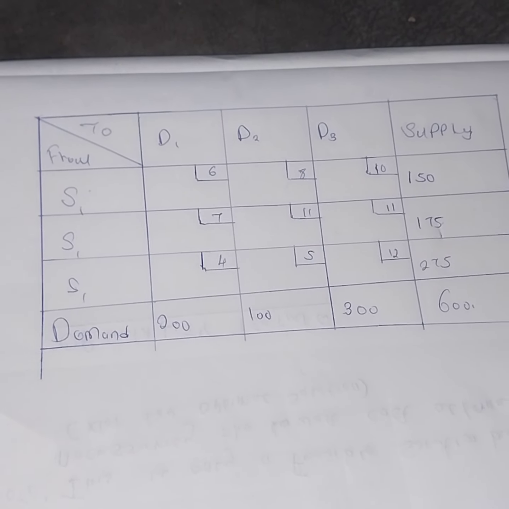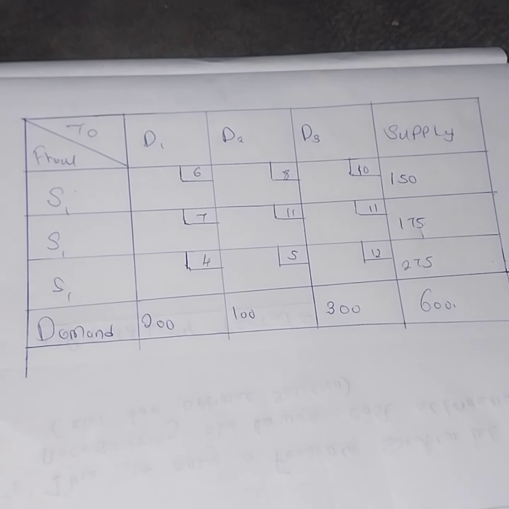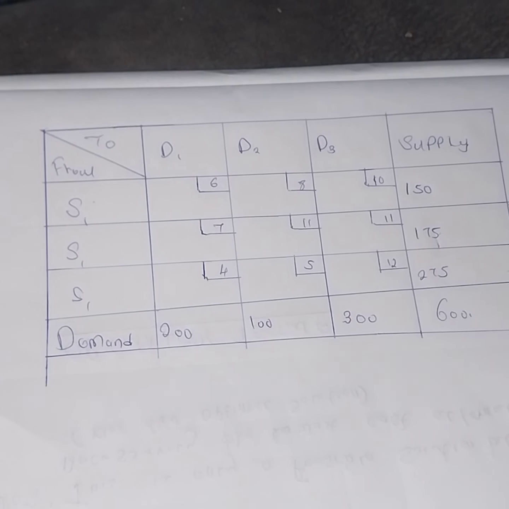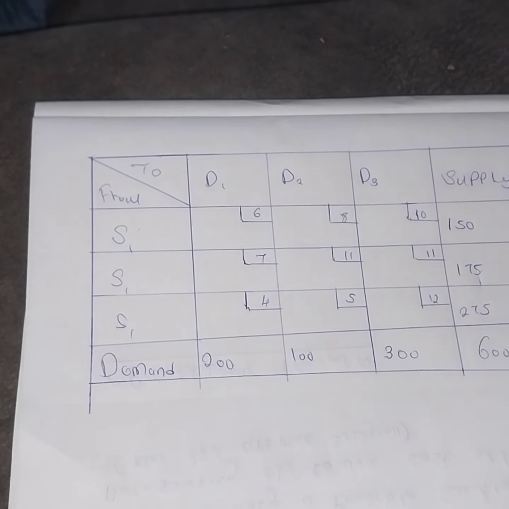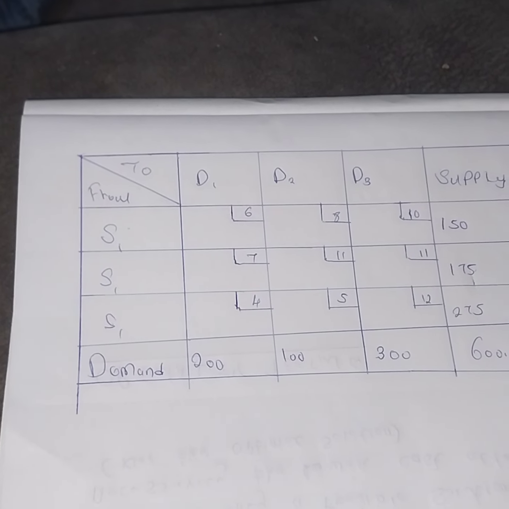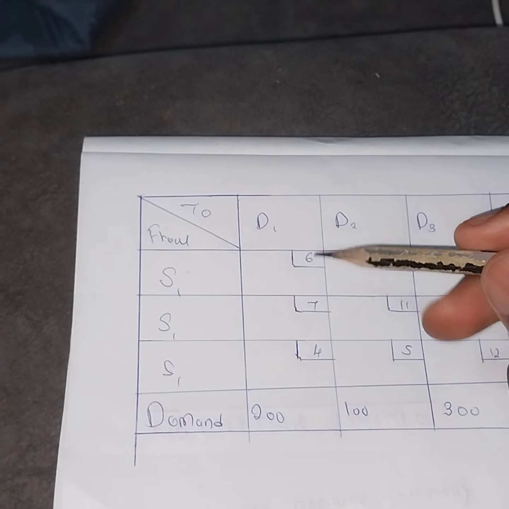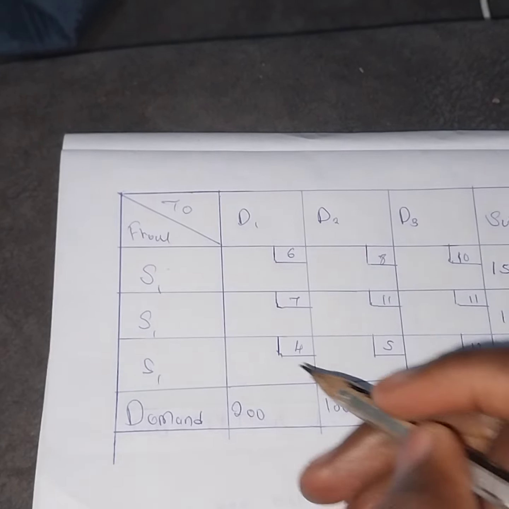So to solve this problem, or to get the least cost, we need to proceed from every column and check the least cost of transport. In our first column, the least cost is 4.